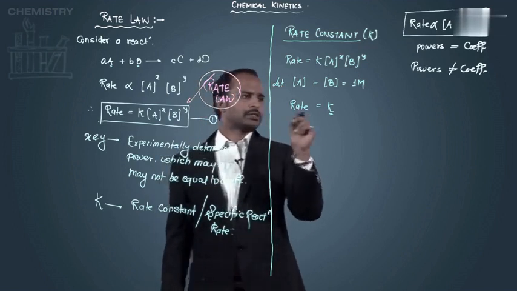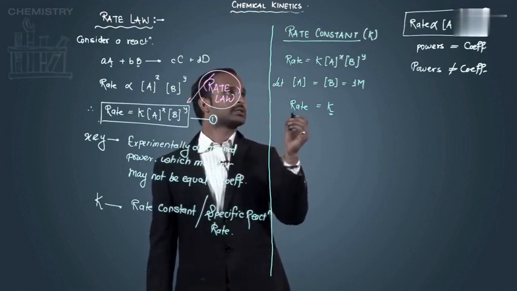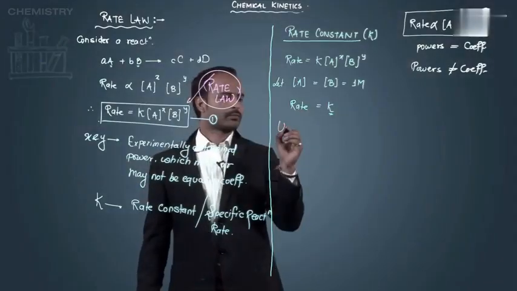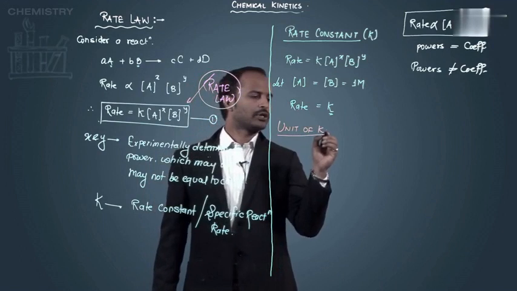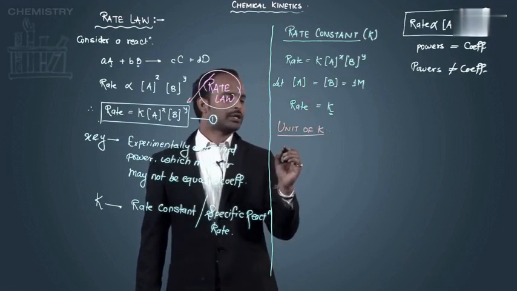Okay, after this, the next is the unit of K, that is the unit of rate constant. Now let's try to derive this unit.